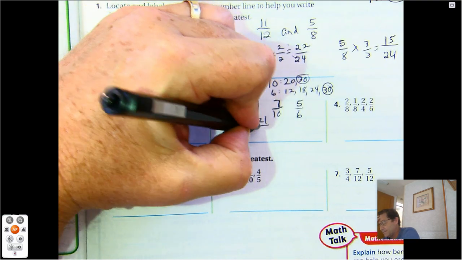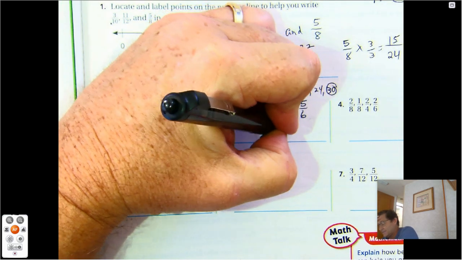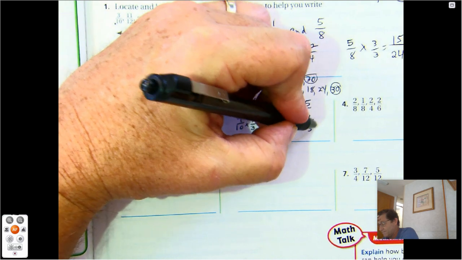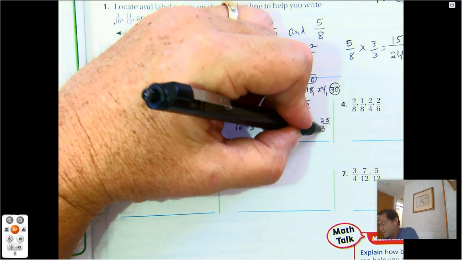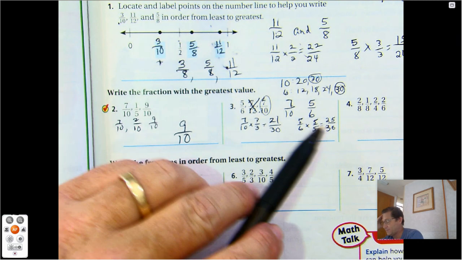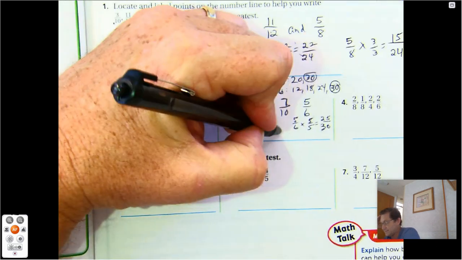So that's 21/30. And 5/6 I'm going to multiply by 5. So 25/30. Okay, so we see that 25/30 is bigger than 21/30. So 5/6 is our answer for number 3.